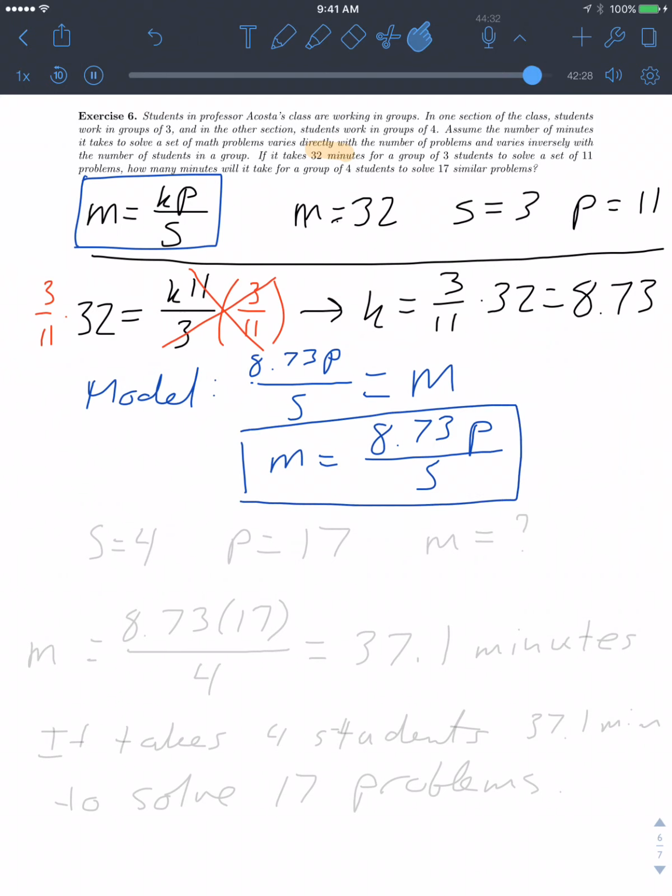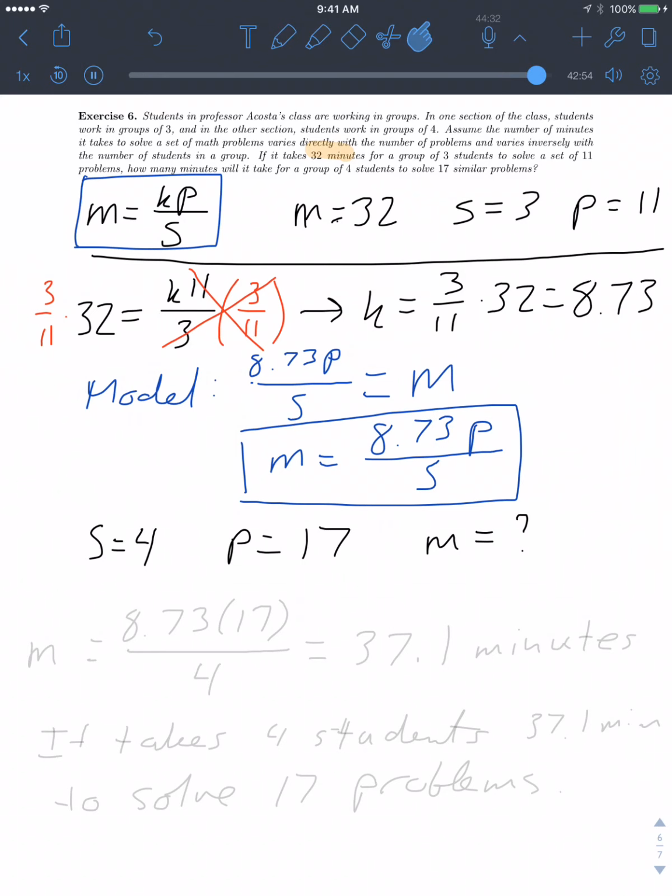But what's different? We have now groups of 4, so the number of students has become 4. We're also told that they're not solving 11 problems, they're solving 17. So the number of problems would be 17. And the question itself is how many minutes it will take. So m is what we don't know yet.